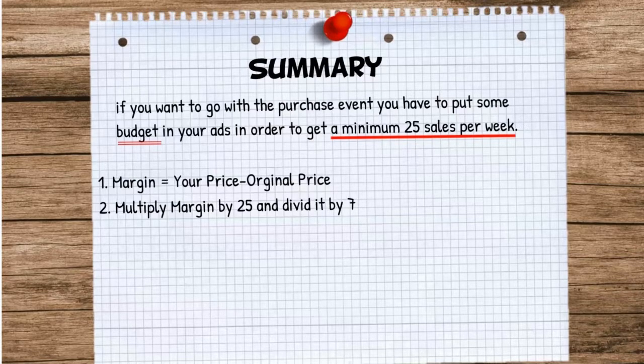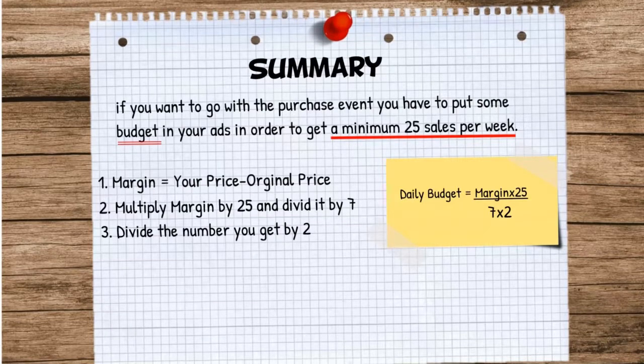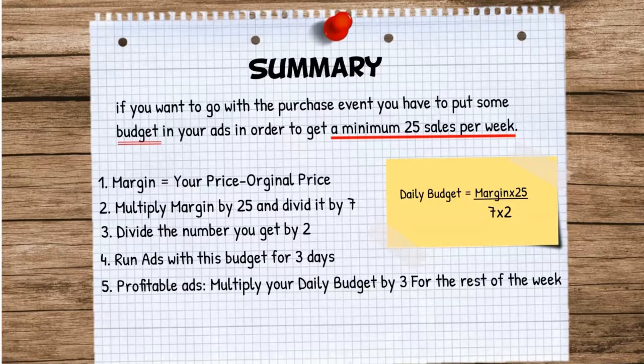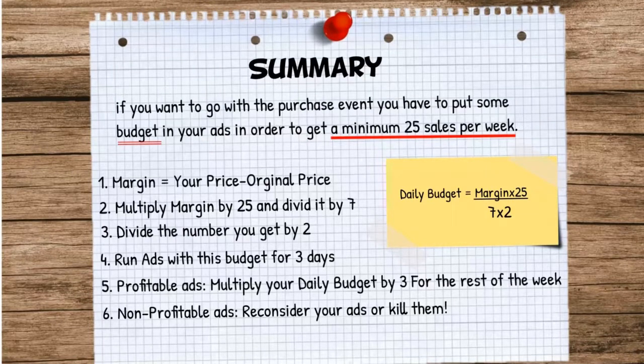But since we are not sure that we will be making these 25 sales at the end of the week, we will minimize our risks and we will divide this number by 2 and we will use it for our daily budget. If after 3 days your ad is profitable, then you multiply this daily budget by 3 in order to get these 25 sales. If after 3 days you are not profitable, then you should analyze the numbers, and if they are bad, you should cut this ad.